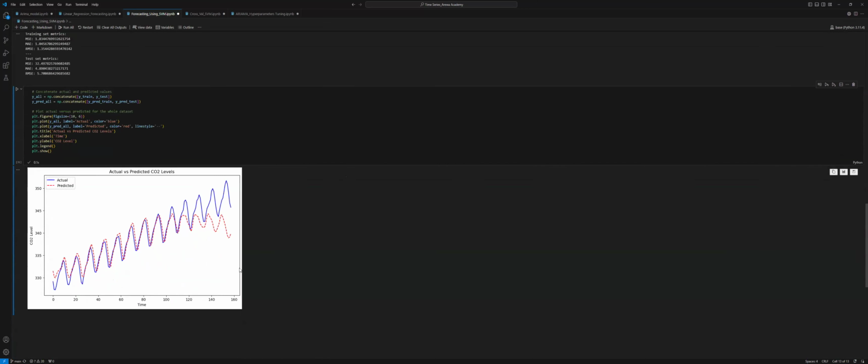Now if you look at this, you can see the actual and predicted CO2 levels. At some point they are closer, at some point they are the same, more especially at the initial state.